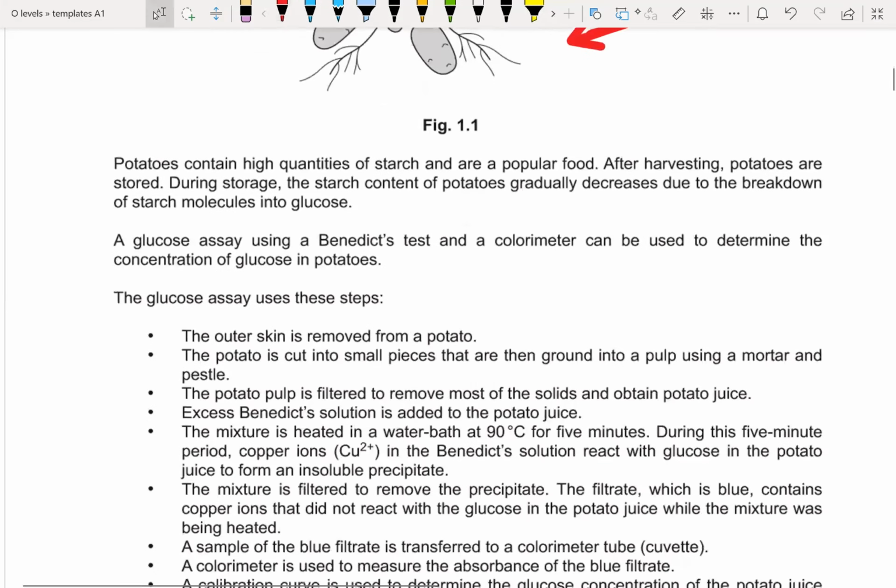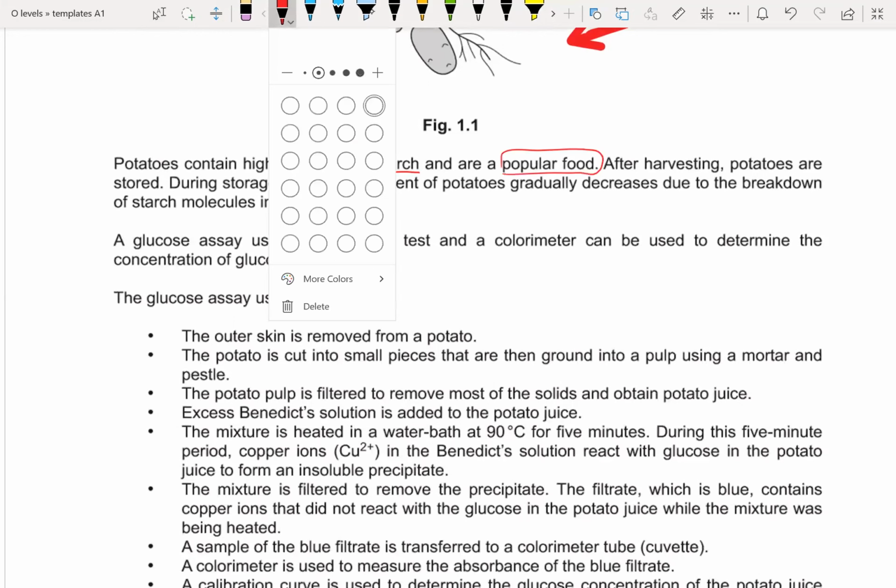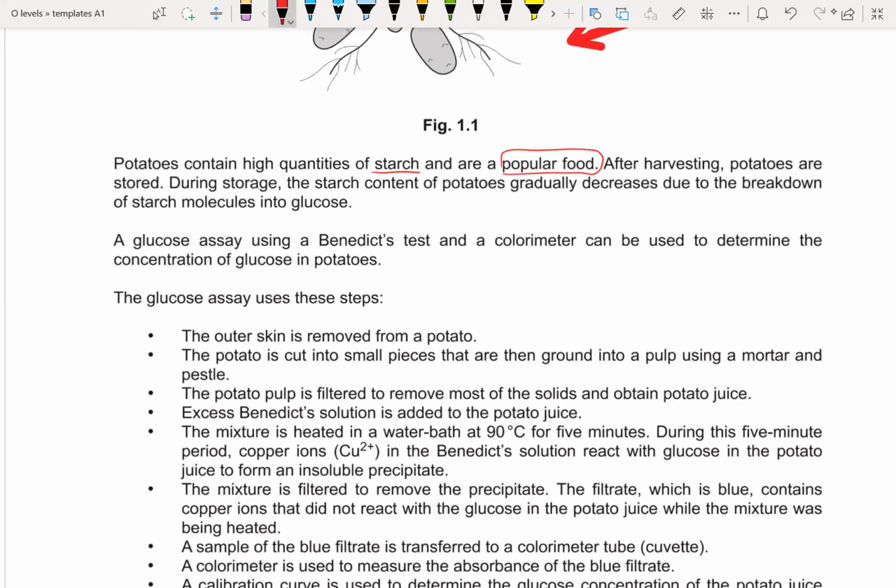Now they say that they contain high quantities of starch and are very popular food. After harvesting, they are stored, and during storage, their starch content gradually decreases due to the breakdown of starch molecules into glucose. Over time, the starch molecules are converted into glucose.